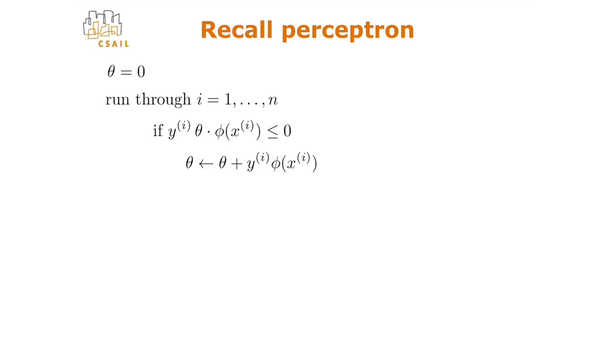And if so, we make a mistake. And after each mistake, we perform a very simple update that simply adds the label times the corresponding feature vector, now transformed into the new feature coordinates, to the parameter vector.